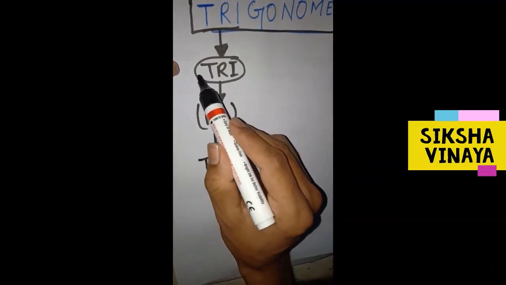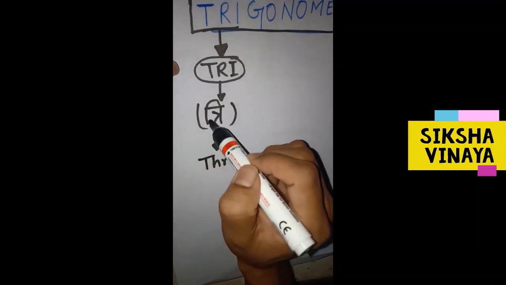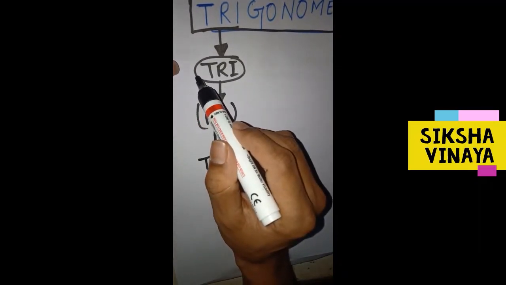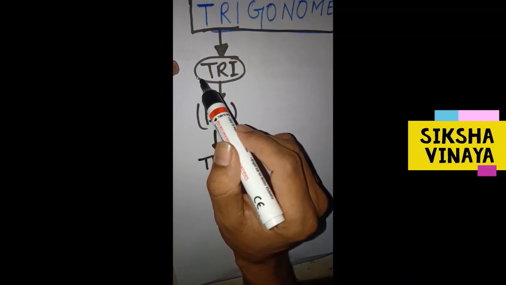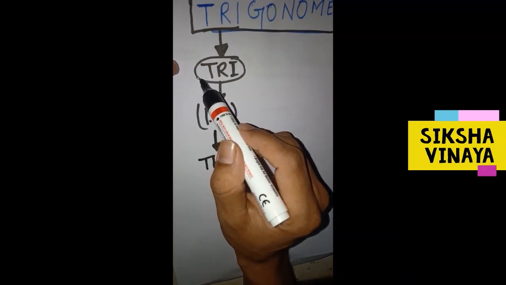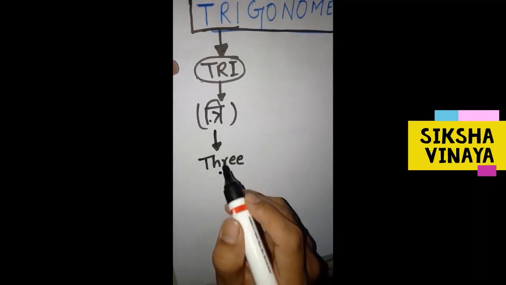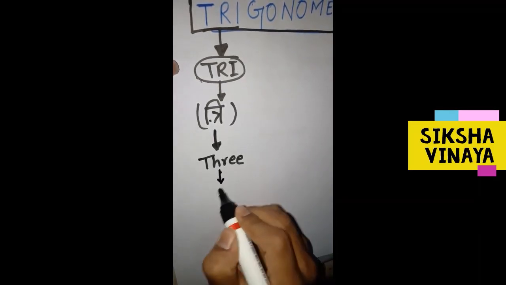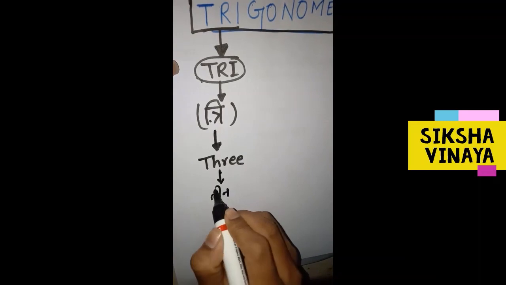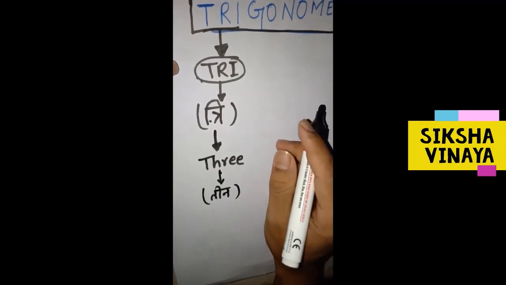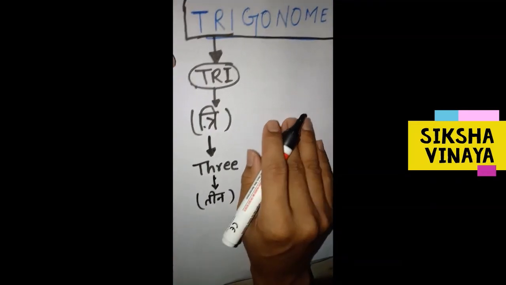That means the Sanskrit word goes to Greece, it becomes tri, and the tri goes to Europeans and it becomes three. And in Hindi it is known as teen. Have you got my point?